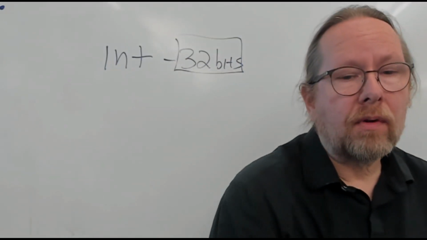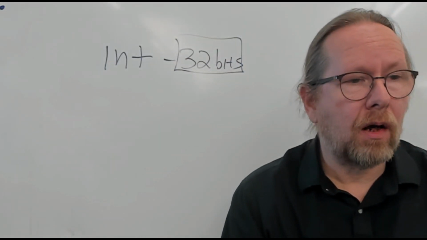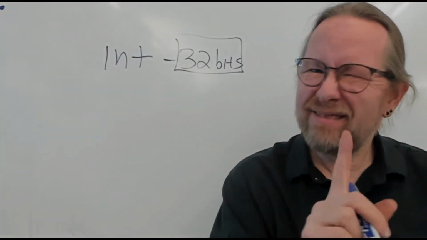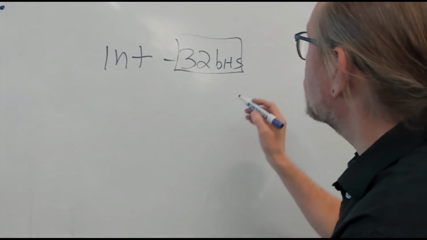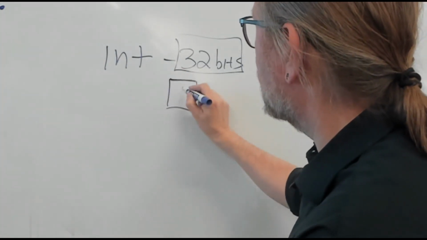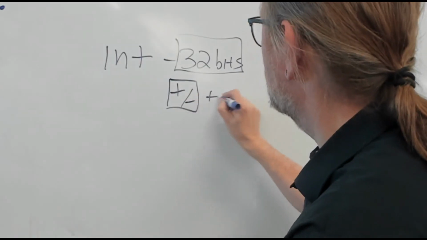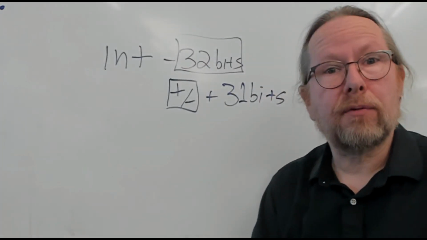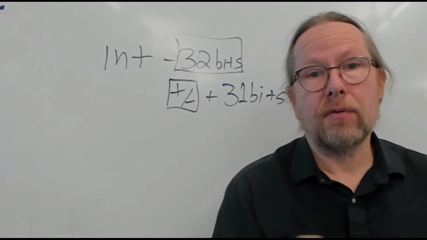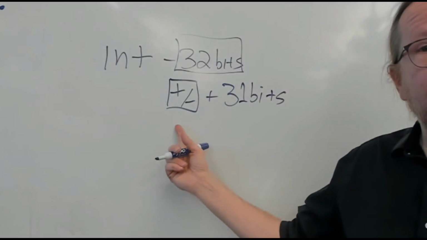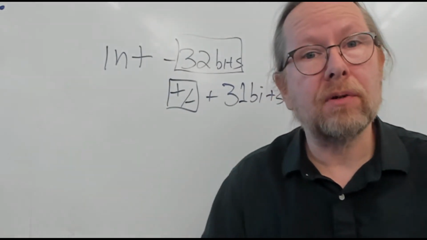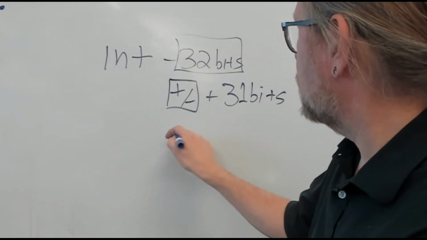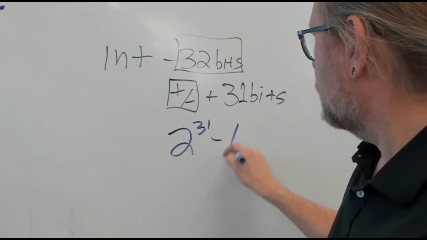And you might say, well, that means you can store numbers from 0 to 2 to the 32 minus 1, right? Not quite, because one of those bits is reserved for the sign, and the other 31 bits are reserved for the number. You have to know if the integer is positive or negative. That takes one bit, one piece of information, plus or minus. And then you've got 31 bits for the number. So this should be 2 to the 31 minus 1.